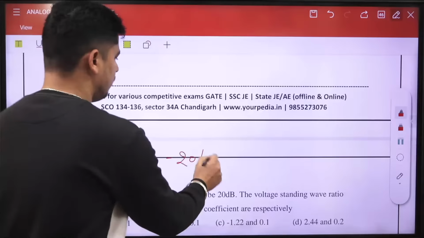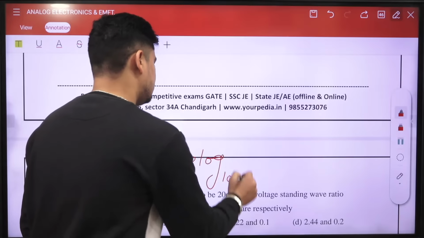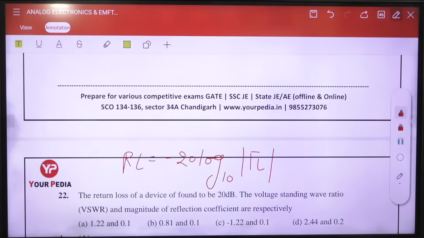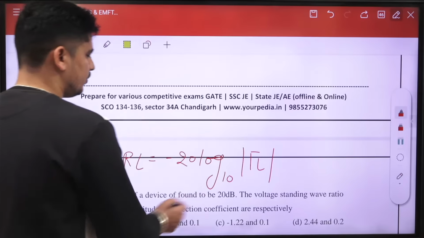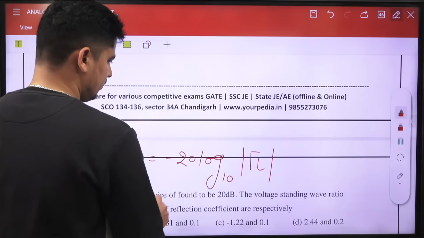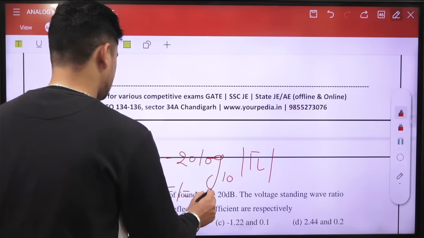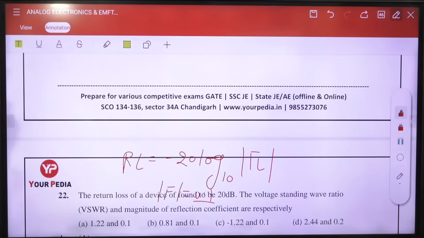Minus 20 log base 10 of the mod of the reflection coefficient. Return loss is 20, the 20 cancels out, 10 raised to power minus 1. That is going to be mod of reflection coefficient 0.1. Check it. Mod of reflection coefficient is 0.1.